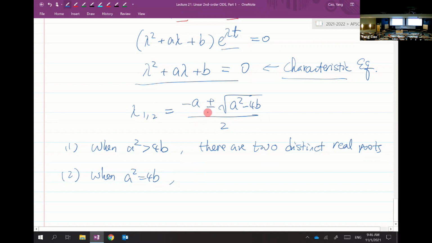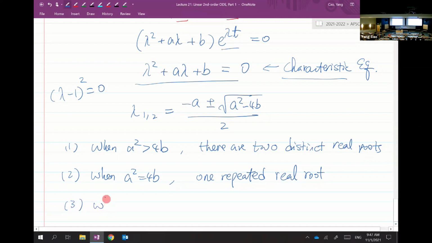But because this is a quadratic, if you recall, you may get lambda minus 1 squared equal to 0. That's what we call repeated. You only get one solution, but we call it a repeated real root. That number is repeated twice.